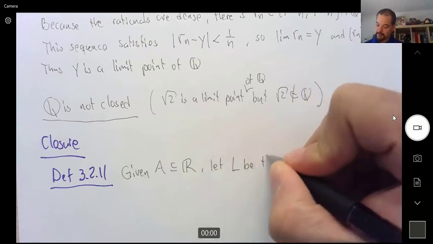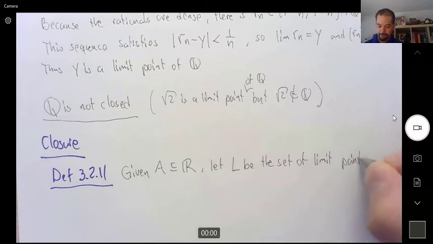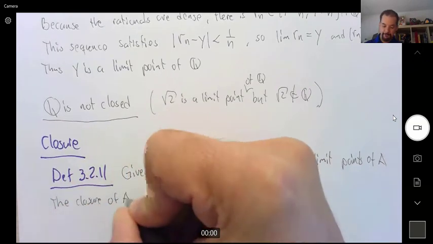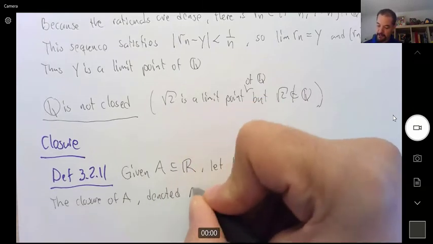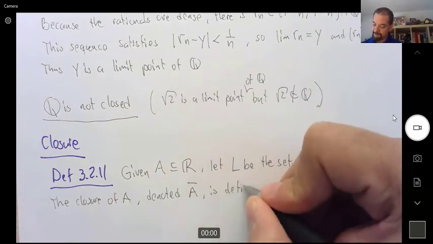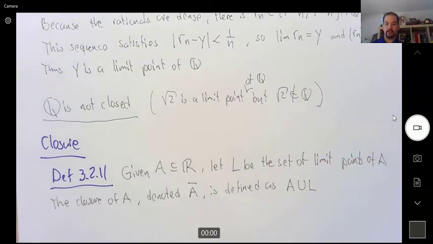Let L be the set of limit points of A. The closure of A, denoted A with a bar, is defined as A union L. We haven't said that the closure is closed, but that's our next result.